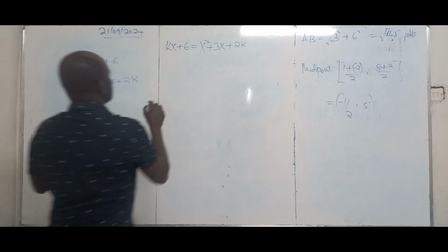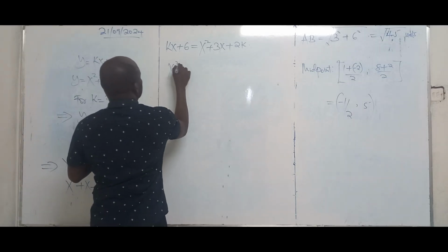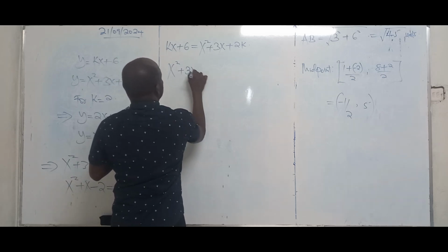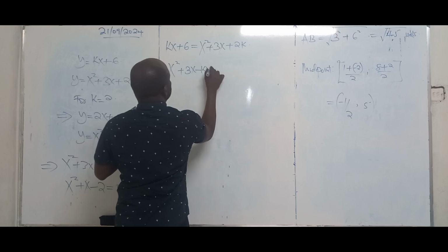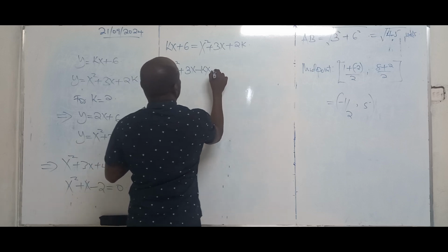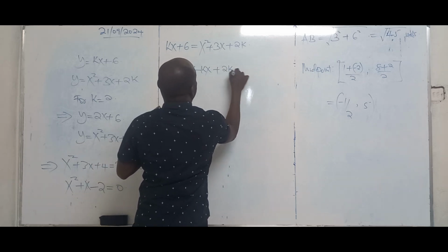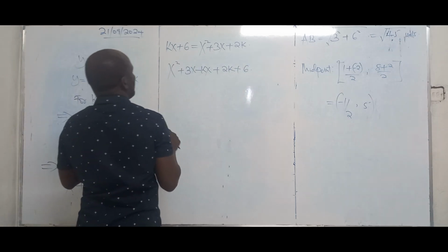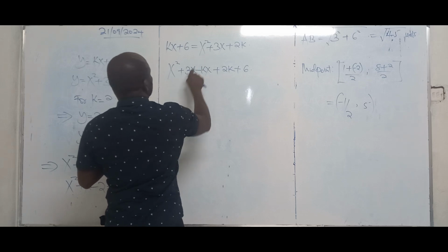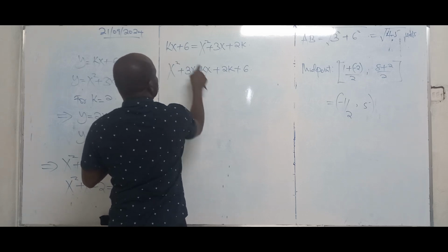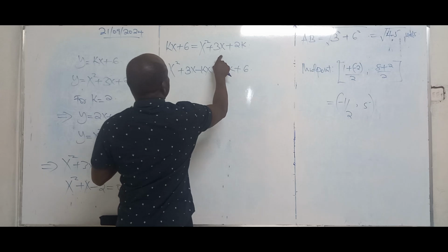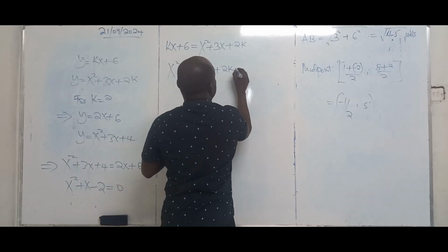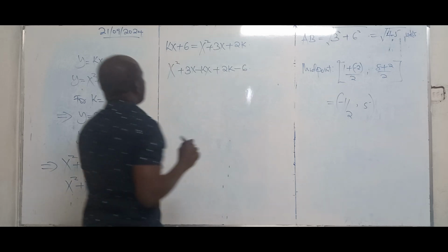I collect like terms, so I'll be having x squared plus 3x minus kx plus 2k minus 6.